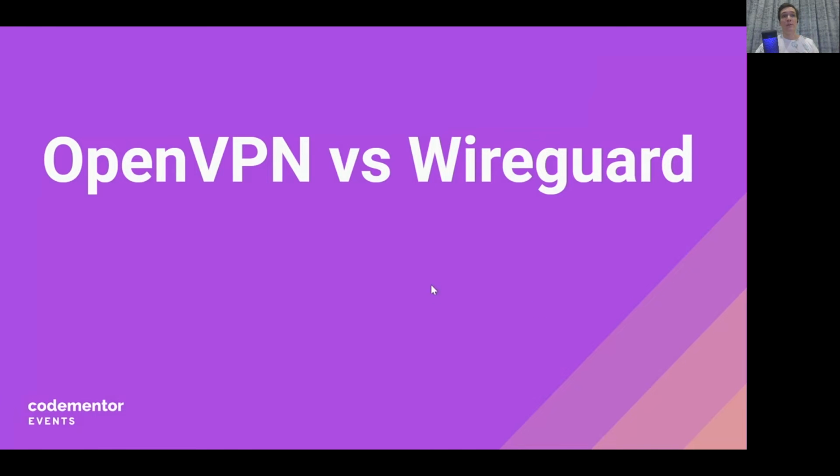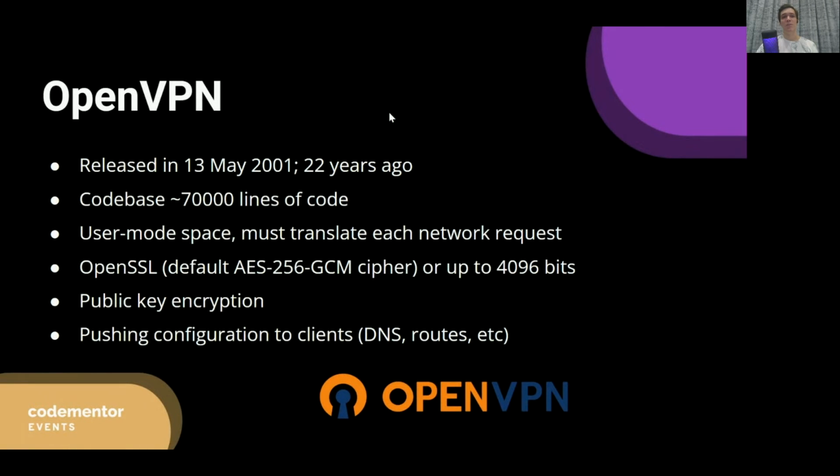OpenVPN and WireGuard. This is, as I said, the most used. If you use any production, any paid VPN service, you're usually going to use those. So what are the differences? OpenVPN is quite old. It was created 22 years ago.